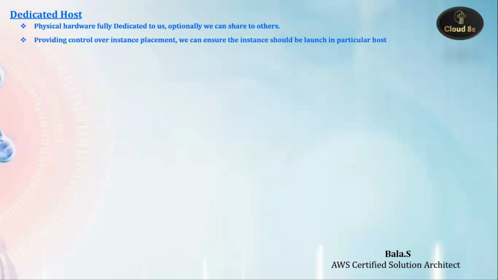And apart from that, if you are creating a dedicated host, we get control over the instance placement level. We can define which EC2 instance should be running on which host. Same as on premises, if we have any servers on premises, we can choose where the virtual machines or applications should run on that particular host.